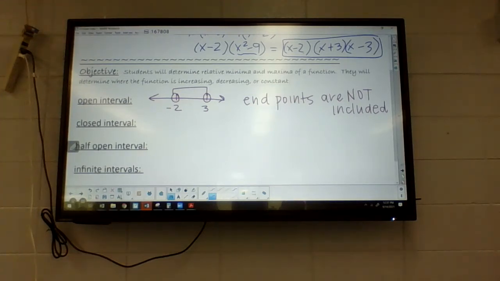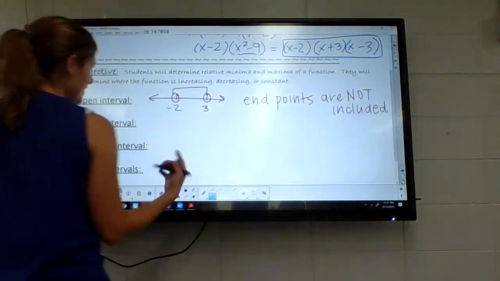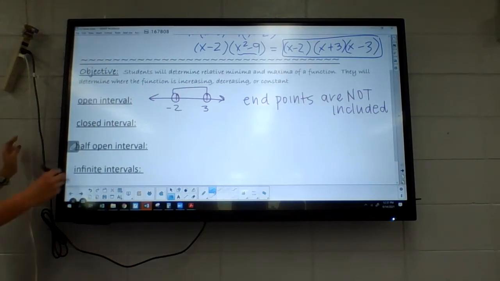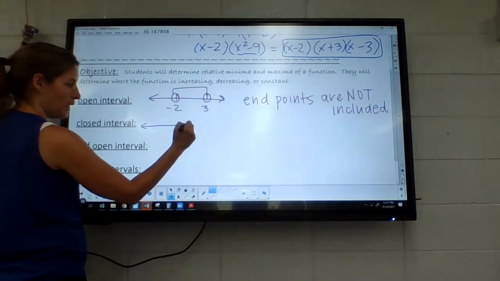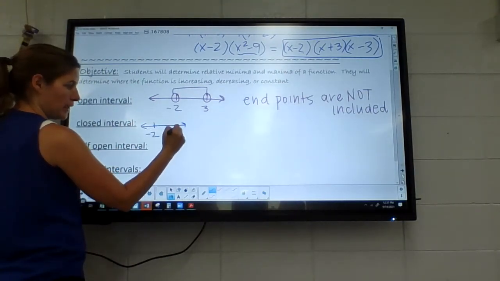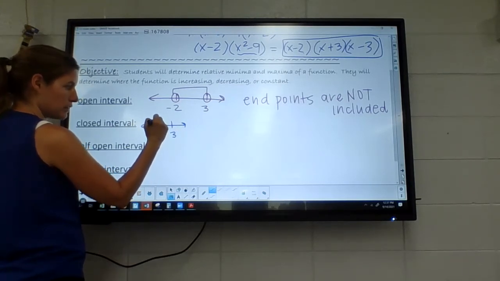A closed interval, what do you think that means then? It's exactly the same thing, but the endpoints are included. So basically it's the same problem. It's just now we include those as part of the solution.